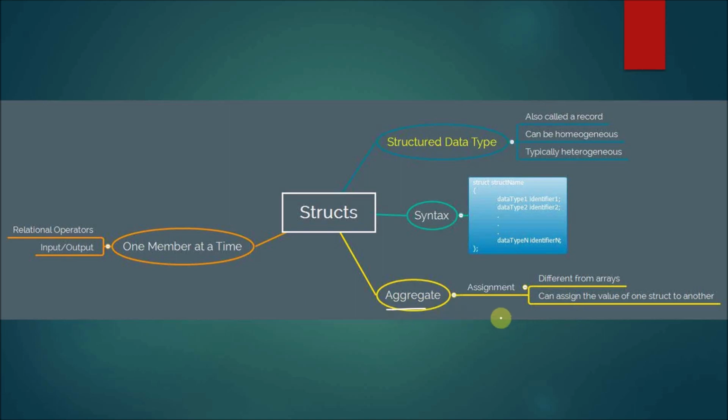In terms of aggregate operations, believe it or not, you can assign one struct to another. With arrays, you weren't able to do that.